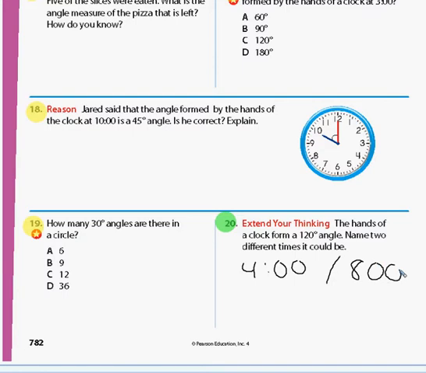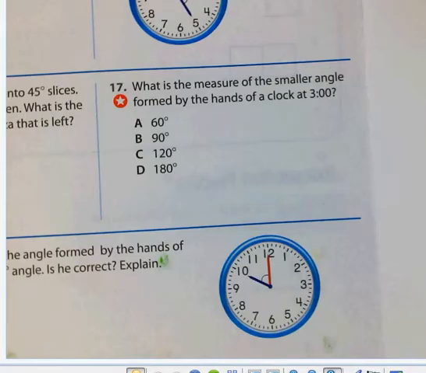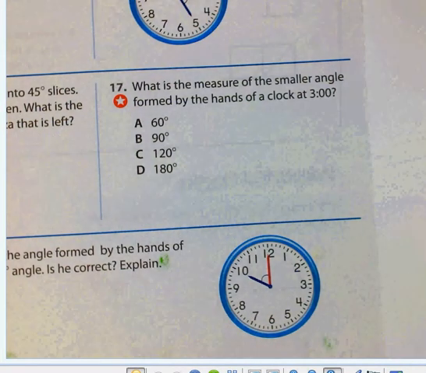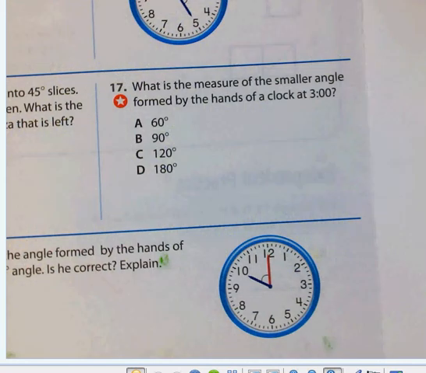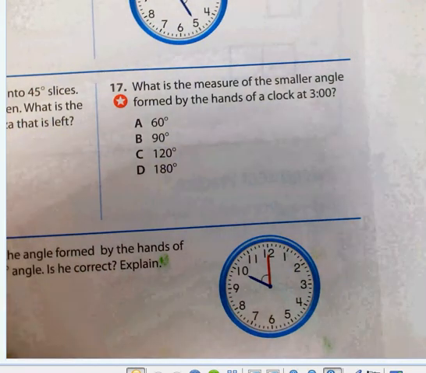Okay, let me take a second. We figured out the larger angle on our trapezoid was 120 degrees. So let's take that and put it up next to our clock, and we'll try to do 4 o'clock right there.